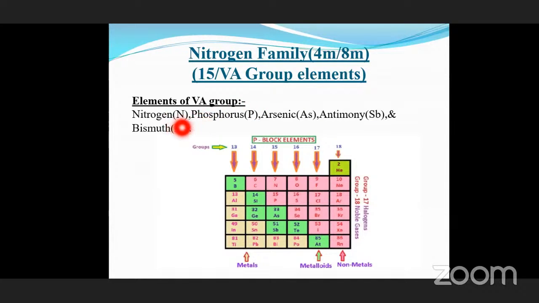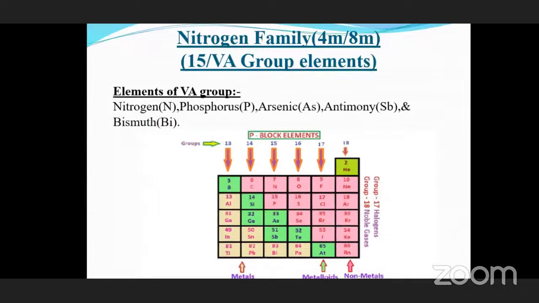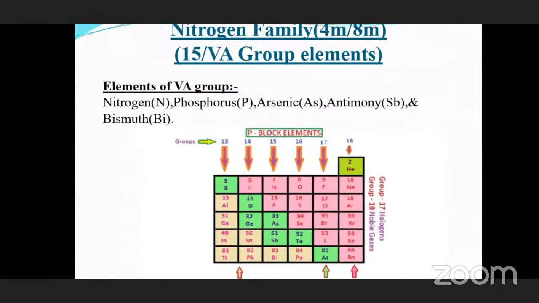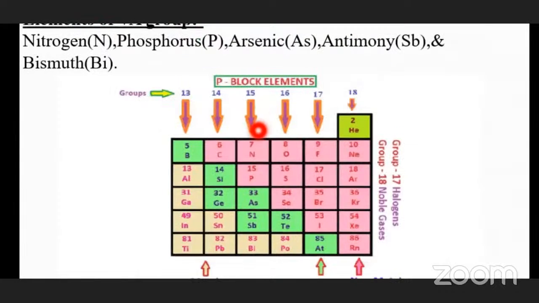In this group, the elements are nitrogen, then phosphorus, then arsenic, then antimony, and the last one, bismuth. Here I have clearly mentioned the 15th group elements.